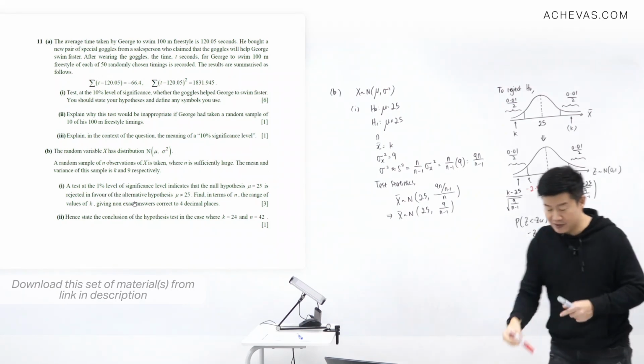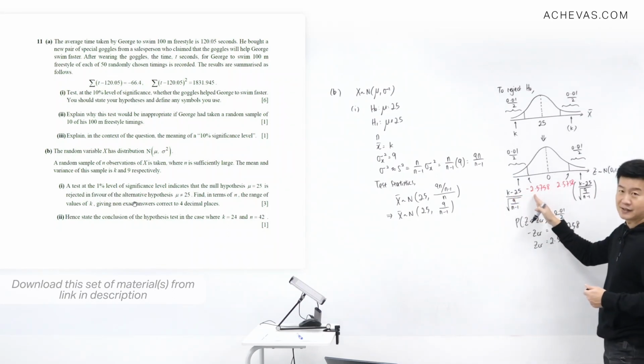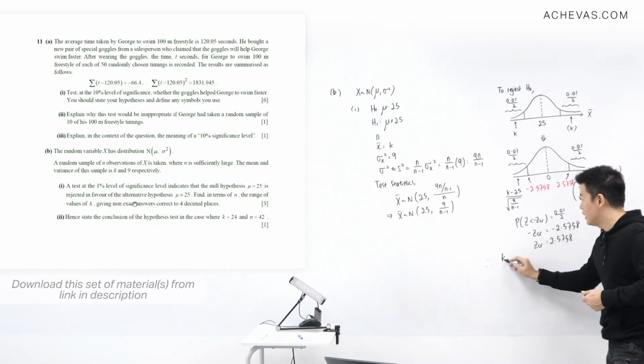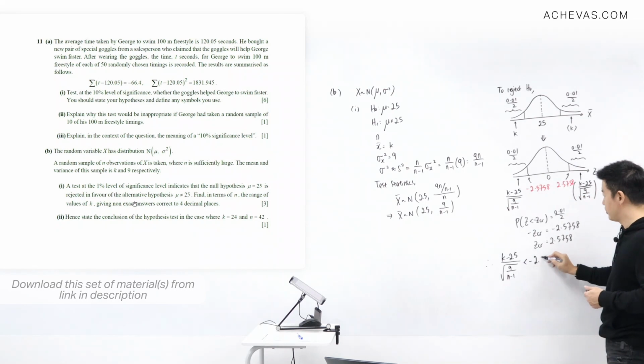So now this is very clear to me, because this number must be less than this in order for H naught to be rejected. So therefore, K minus 25 over square root of 9 over n minus 1 must be less than negative 2.5758.